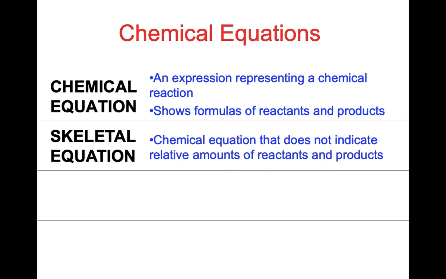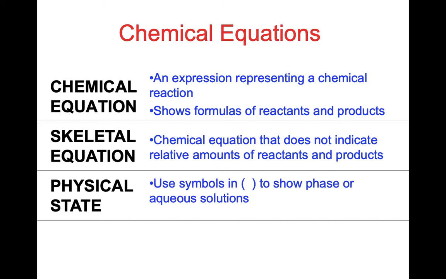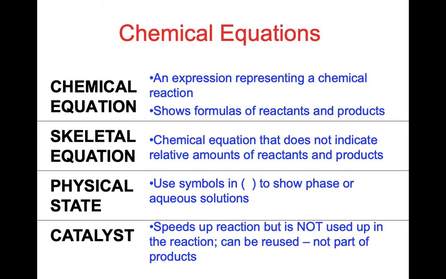When we balance equations, we want the simplest whole number ratio. You may or may not need to include the phase of the reactants and products, but you will need to understand what those symbols mean. And then I already mentioned this word today: something that speeds up a reaction or is used to get the reaction started, but is not actually used up in the reaction, is called a catalyst.